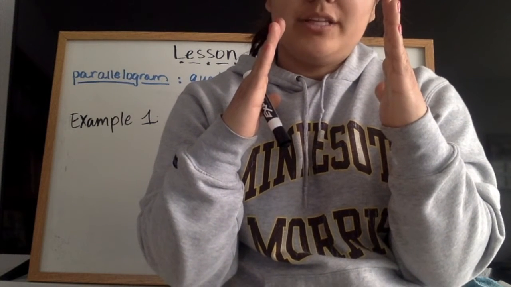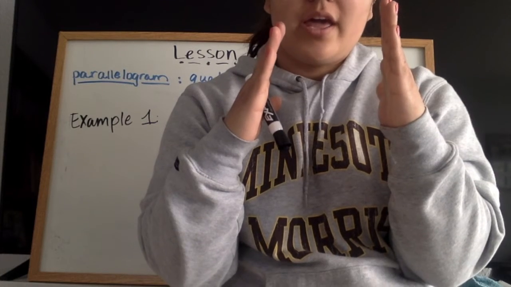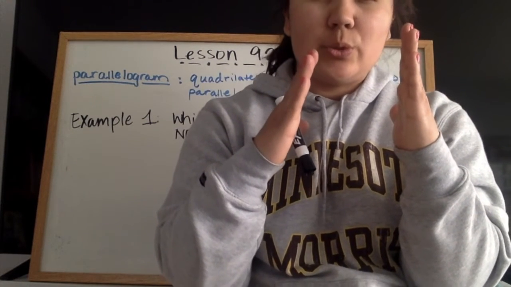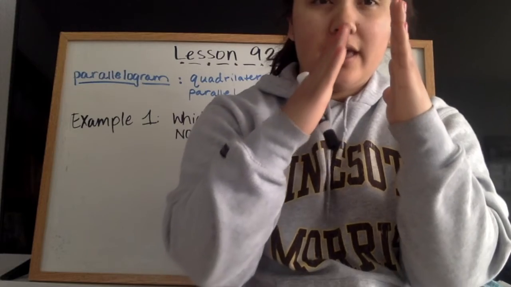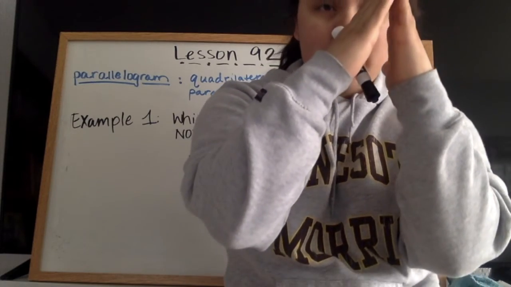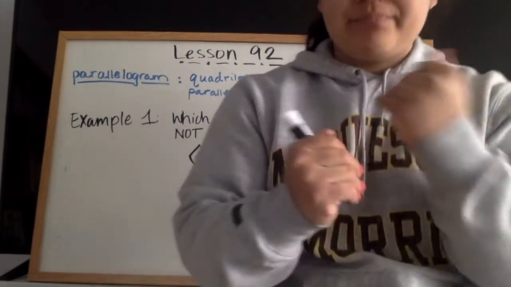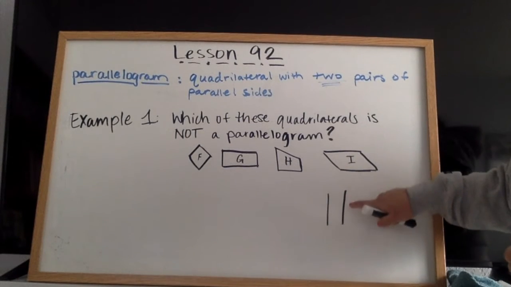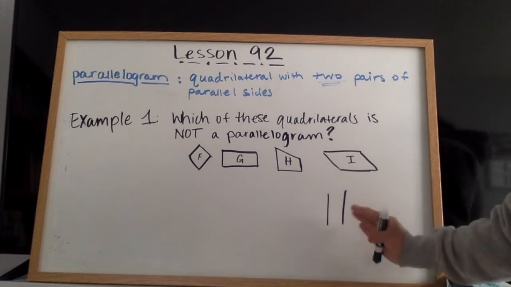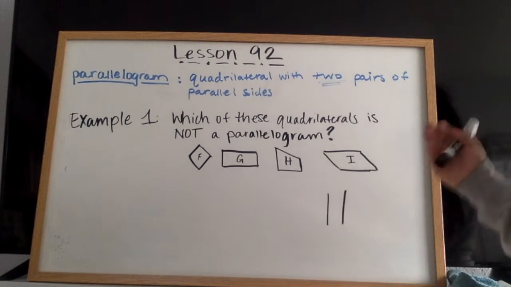Parallel means that they will never ever touch. So if you were to keep these 2 lines going, eventually they'll touch. So that's not parallel. So like this. If you were able to draw these perfectly and they would keep going, they would never ever touch.